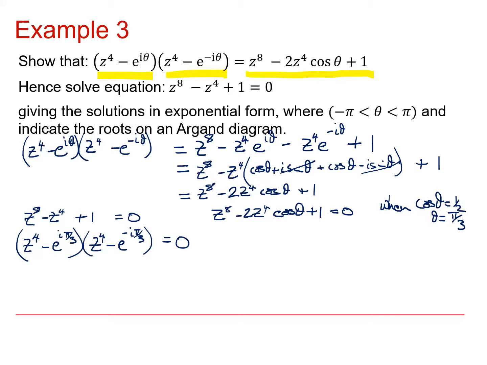Now from that, I know that one or other bracket must be 0, so we've either got z to the 4 is equal to e to the i pi by 3, or I've got z to the 4 is equal to e to the minus i pi by 3. And again, remember we can put on multiples of 2 pi.